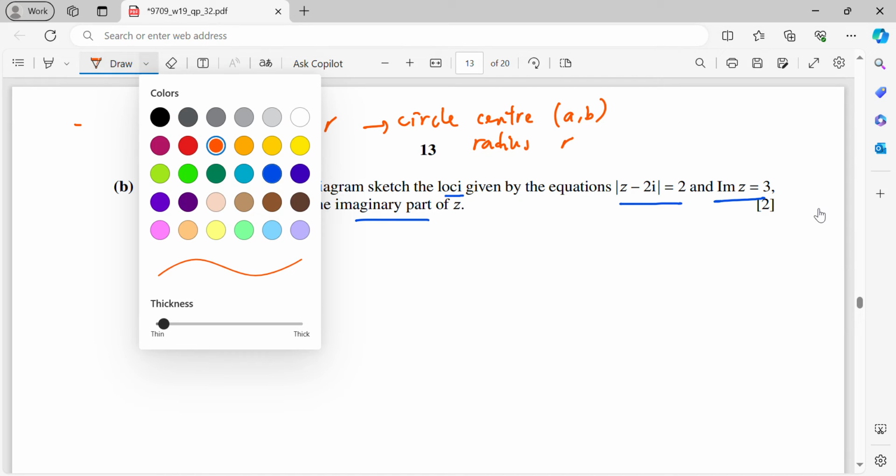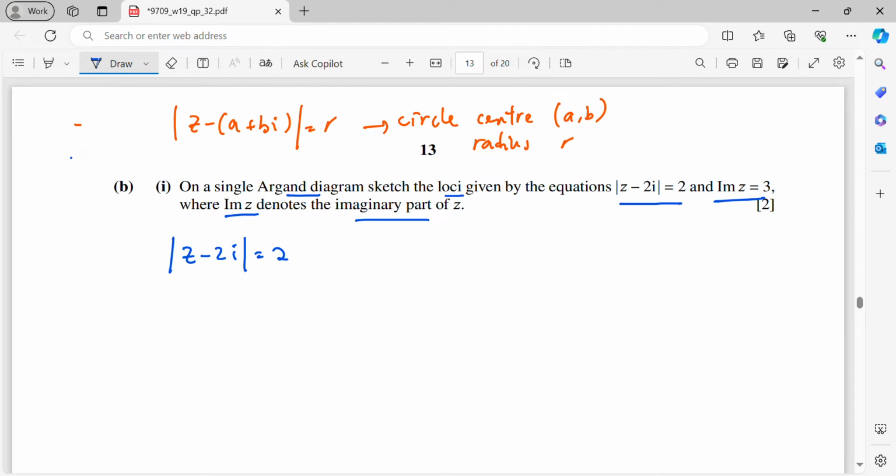So from here, to get the radius and center, I will change it to general form. That means z minus 0 plus 2i equals 2. So my center is at (0, 2), and my radius is 2 units.